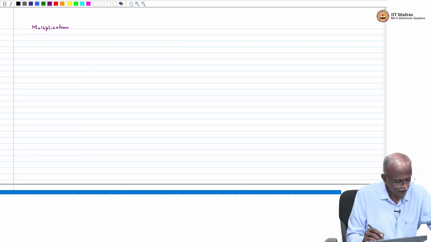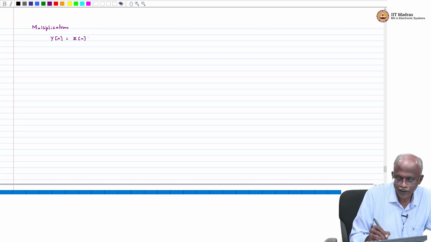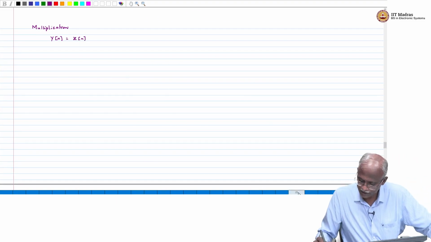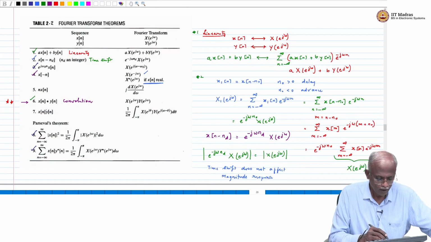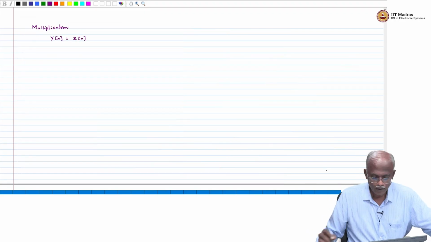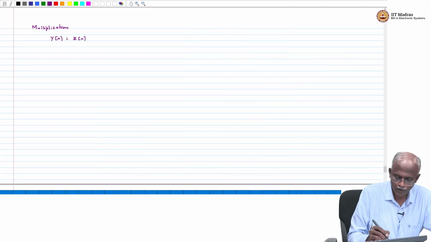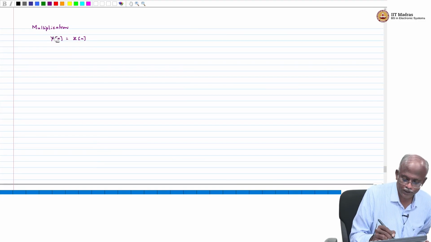Okay, the multiplication theorem says if y of n is equal to x of n times, what was the other sequence, what was the notation that was used? X of n times y of n. Okay, we need it to be a product of these two sequences.